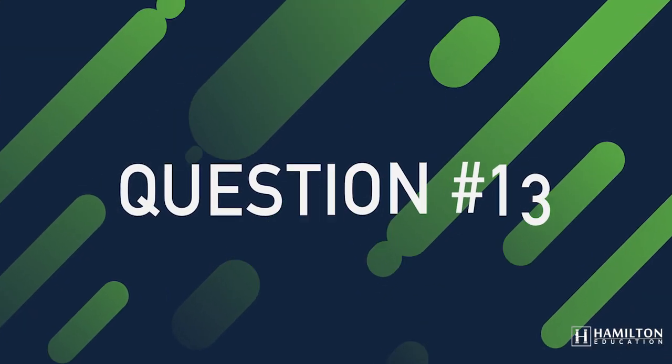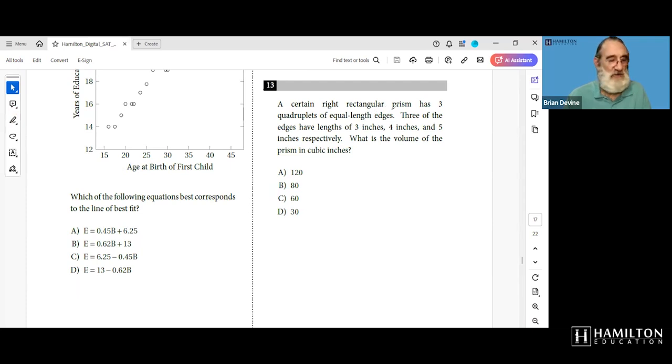Question 13. A certain right rectangular prism, which is a box, has 3 quadruplets of equal length edges. Well, you would think that in a box, I'm going to have the width of the box, the length of the box, and the height of the box. And the height's going to have 3 other heights, and the length will have 3 other lengths, and the width will have twins, quadruplets.